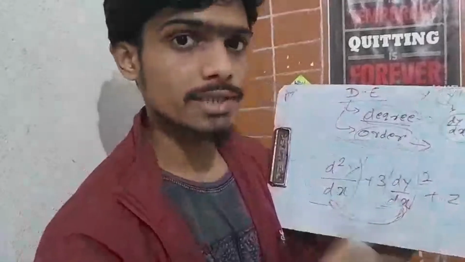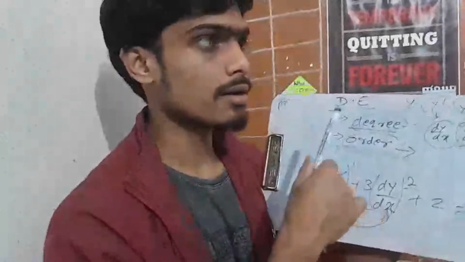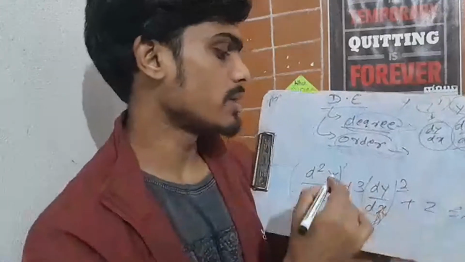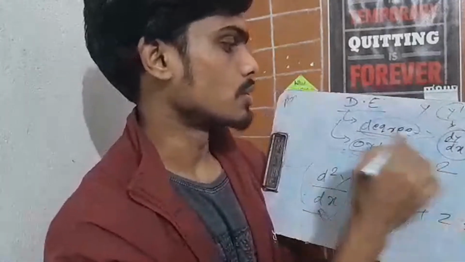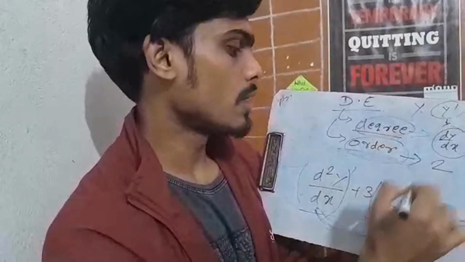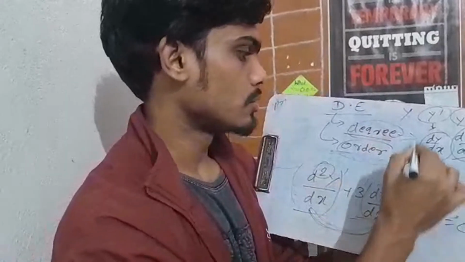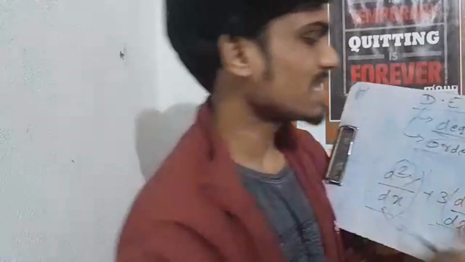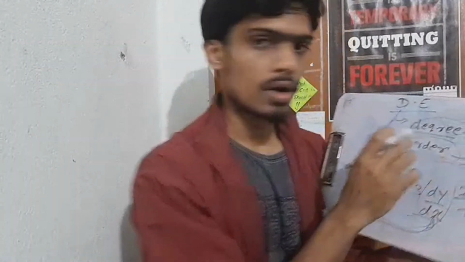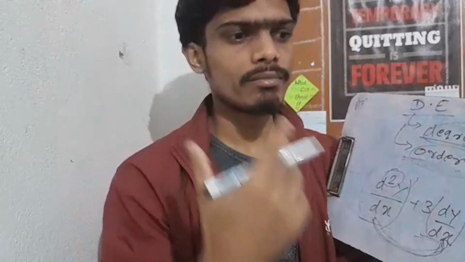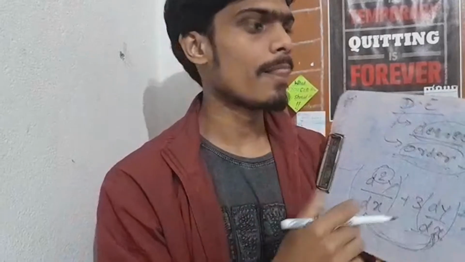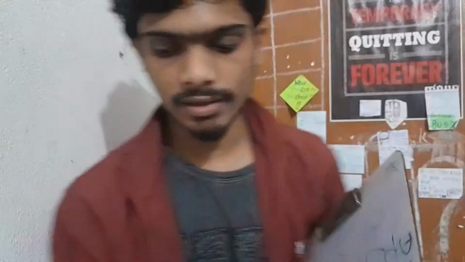Which one has the highest order? This one. So the final order of the equation will be 2. So the degree is 2 and the order is also 2. This is called the degree and order. Order means the highest order of derivative. Degree means the power of the derivative.